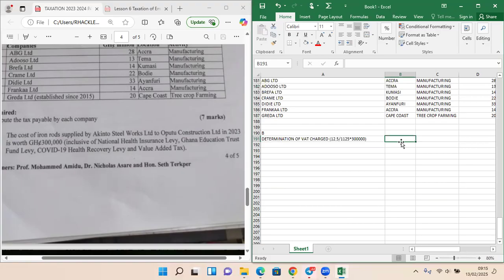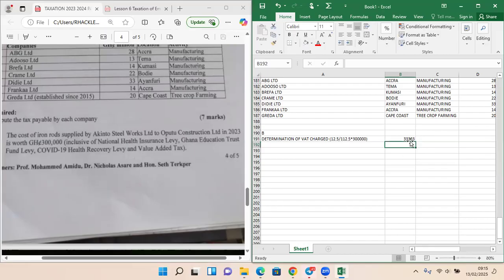So that equals 12.5 over 112.5 times 300,000. That's what we are getting for the VAT.